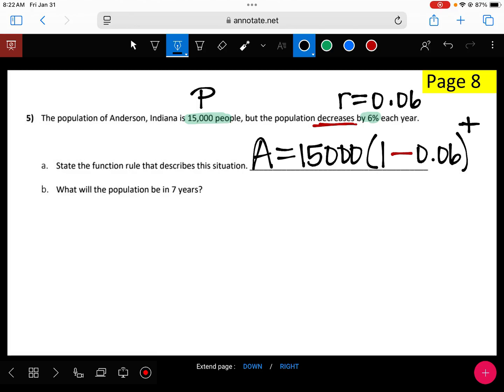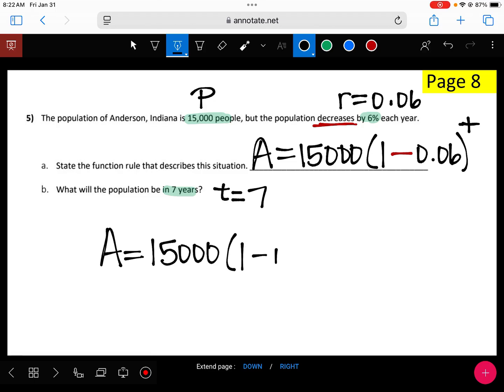That means that T is equal to 7. So to figure out our population in 7 years, we have 15,000 times 1 minus 0.06 to the power of 7. Go ahead, type that in.